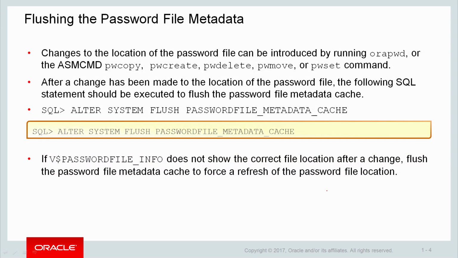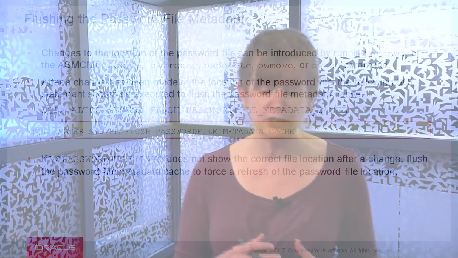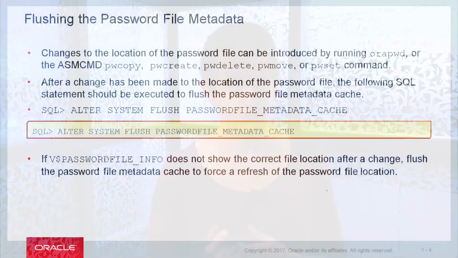Now, flushing the password file metadata. In Oracle 12.1, we introduced the ability to have the password file not in Oracle Home dbs anymore, or database on Windows. You could actually store it on ASM, in a disk group.